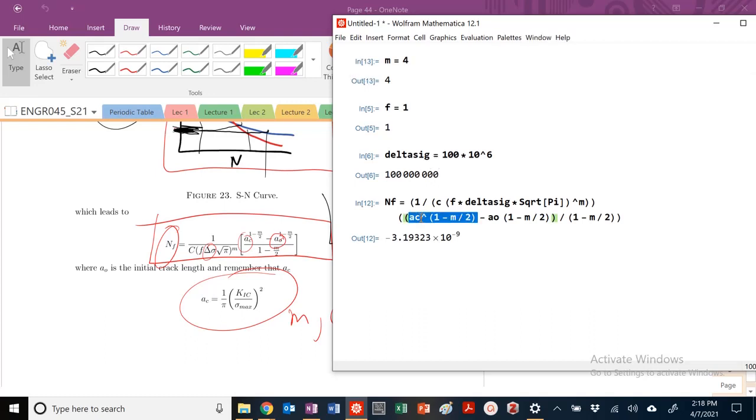So we know that this should be positive, 1 minus this. So a sub c should be larger, divided by m minus 2.